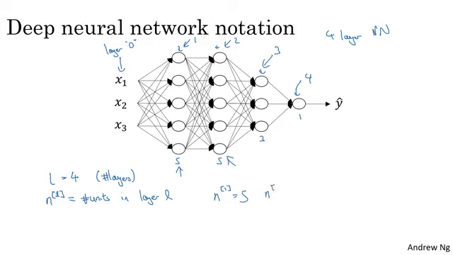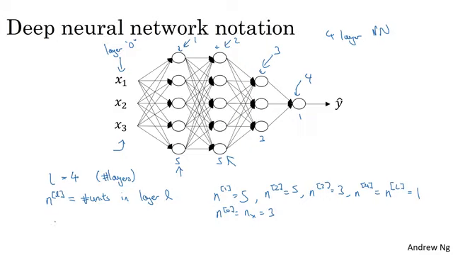For this one, n[2], the number of units in the second hidden layer, is also equal to 5. n[3] is equal to 3, and n[4], which is n[L], the number of output units, is equal to 1, because here capital L is equal to 4. And for the input layer, n[0] is just equal to n_x, which is equal to 3. Okay, so that's the notation we'll use to describe the number of nodes we have in different layers.